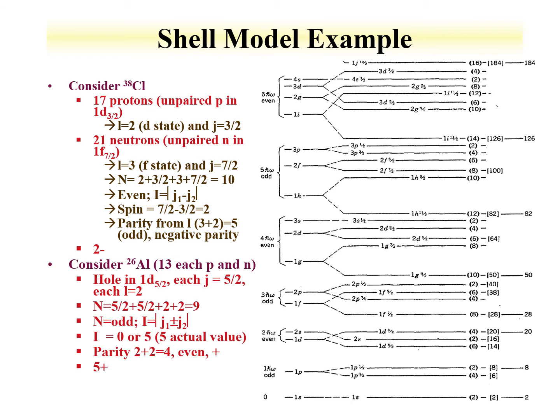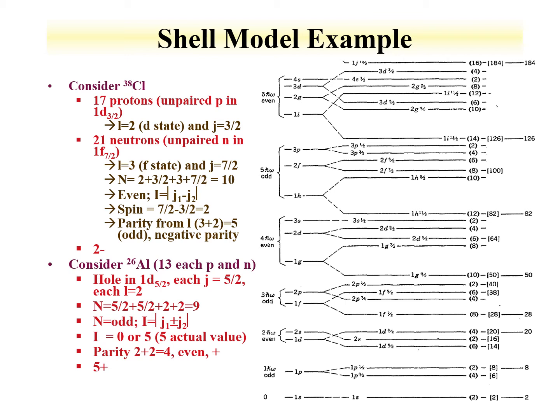The 21st neutron, there's 20, 21, is here in the 1F 7/2 state. So L is 3 for the F state, J is 7/2. So the Nordheim number is just 2 plus 2 plus 3/2 plus 3 plus 7/2.